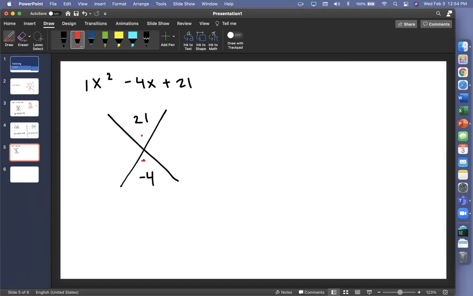So I'm looking for two numbers that multiply to 21 or add to 14. So if I draw a factor t, 1 and 21 are factors, then we are going to have a 3 and 7.